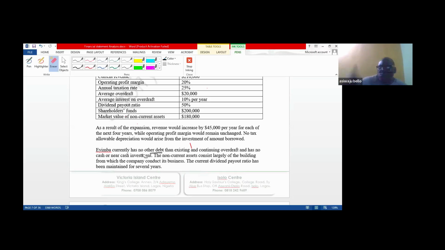You now need to ask yourself, will this expansion in business give us cash flow? Because we require cash flows to repay the loan. Let's go to this. Enough of discussion.